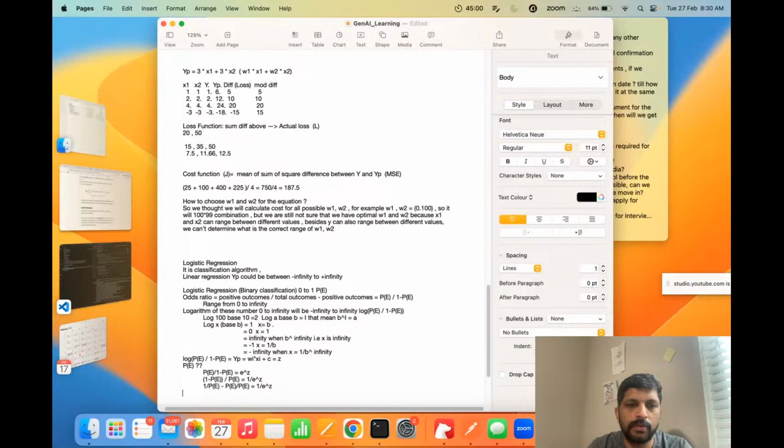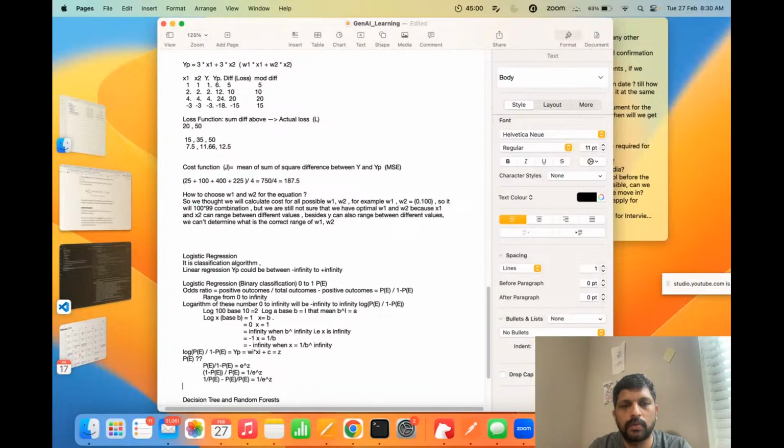So what happens now? This is minus 1, so when it goes to the other side it becomes plus 1. So 1 by P of E is equal to 1 by E power Z plus 1.